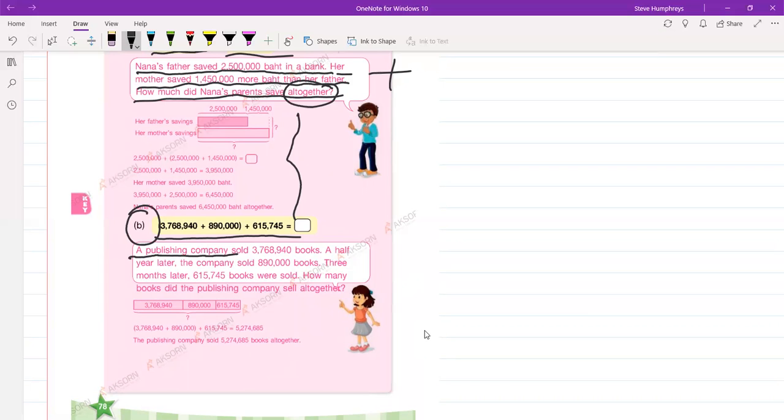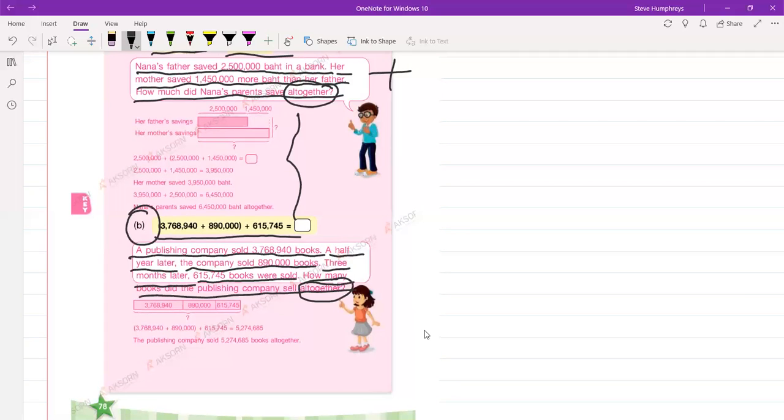A publishing company sold 3,768,940 books. A half year later, the company sold 890,000 books. 3 months later, 615,745 books were sold. How many books did the publishing company sell altogether?